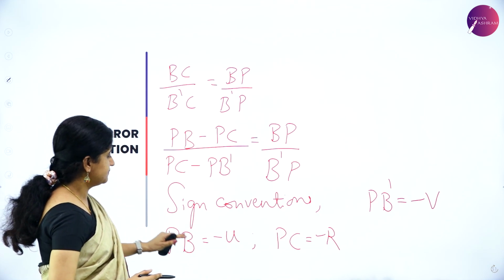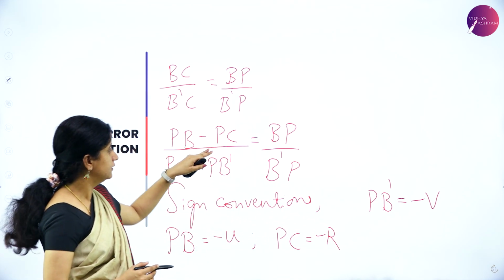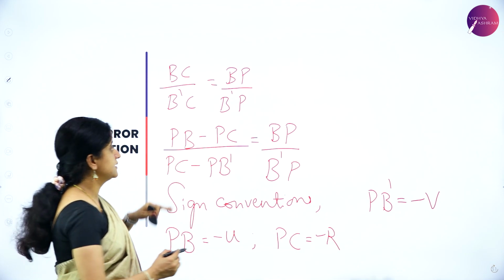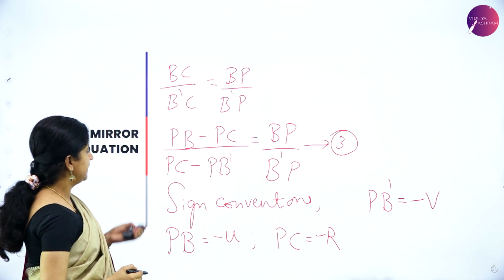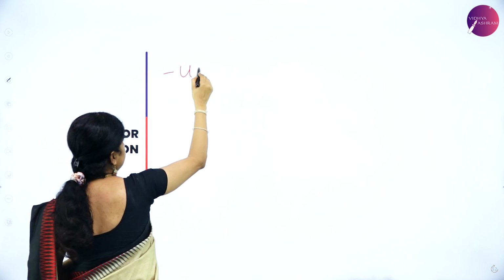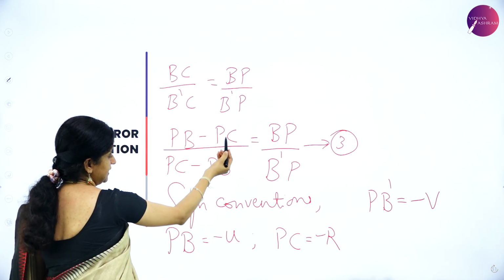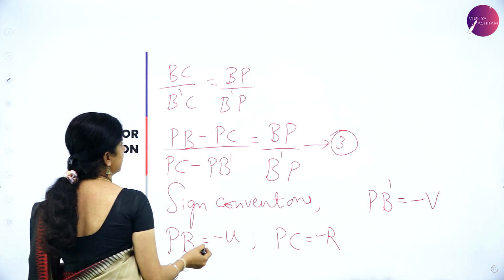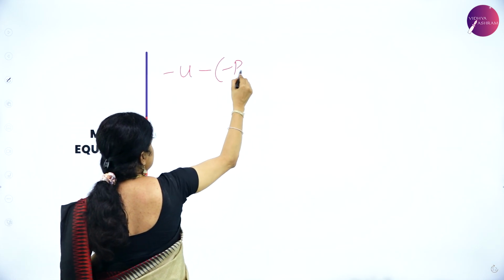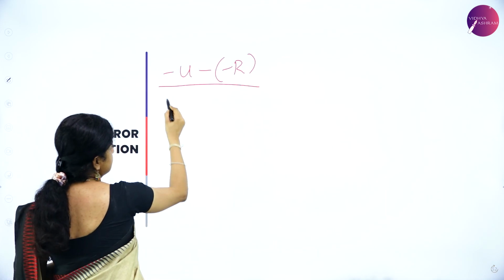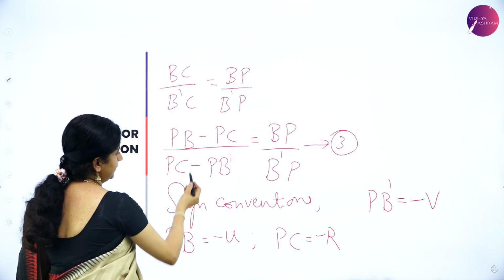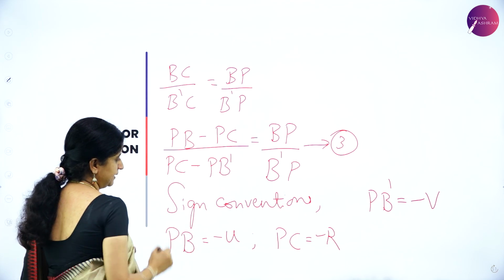Now, let us substitute all these things in the expression, that is equation 3. So, what do we get? PB is minus U, minus, what is PC? It is minus R. So, we get minus R divided by, here PC is minus R again, minus, what is PB dash?